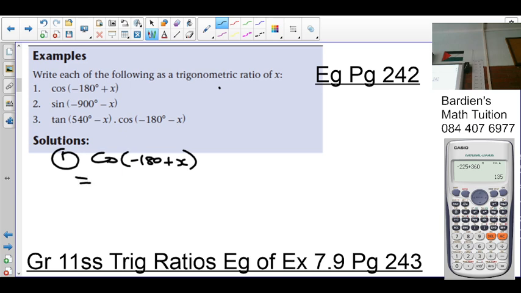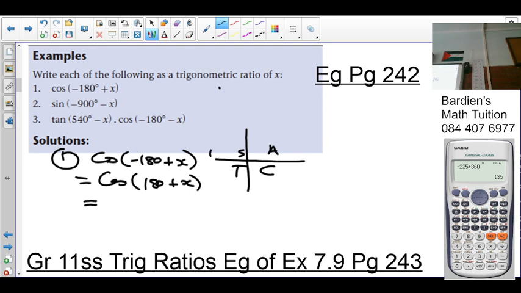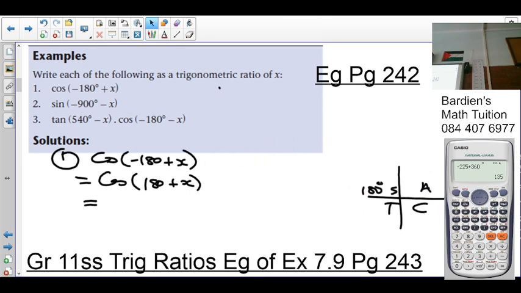Alright, so what do we notice? We got the negative angle, not so? So what do I do? Add 360. What is negative 180 plus 360? 180. So it's going to become cos of 180 plus x. People, which quadrant is that in? Okay, it's going to be in your third quadrant.